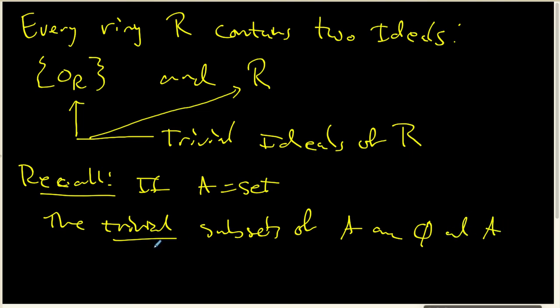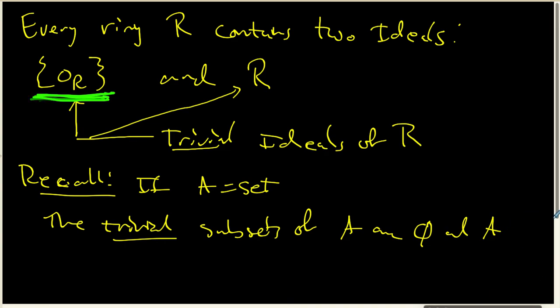So trivial ideal is mimicking the language of trivial subset. It's just that the smallest ideal is going to be the ideal containing the 0 element inside the ring.